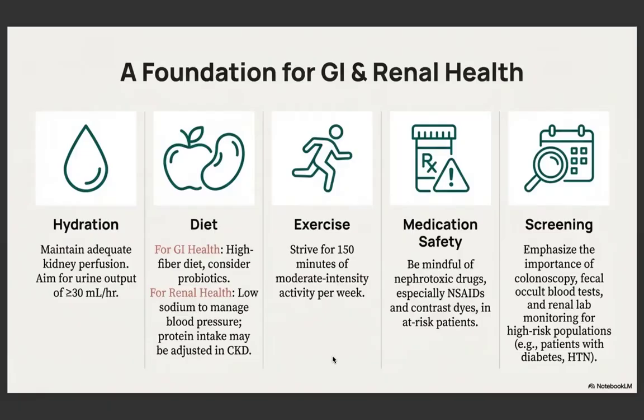For GI health, it's going to be important to not only maintain hydration, but fiber is also great. And then the probiotics, if they have been on a course of antibiotics or anything like that, to help out with that healthy flora. So for exercise, this is going to help with motility. The standard amount should be about 150 minutes of moderate intensity activity a week.